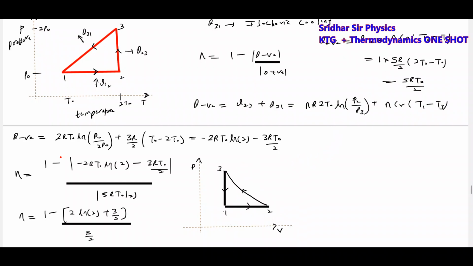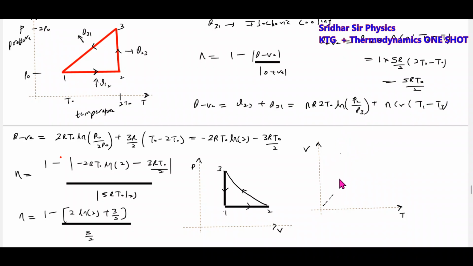Okay, sir, can you plot the VT graph, volume temperature graph? Volume constant. Sorry, isobaric process, no?